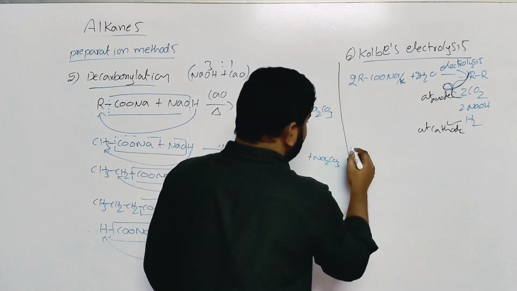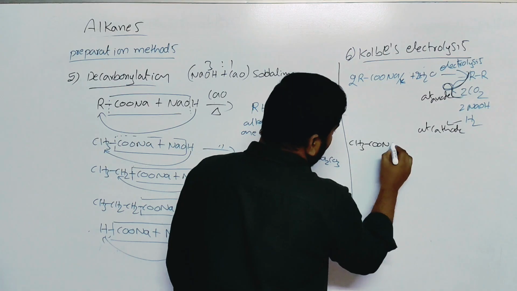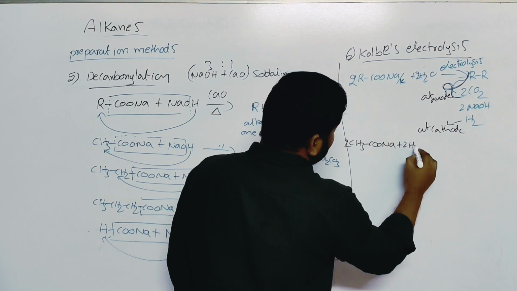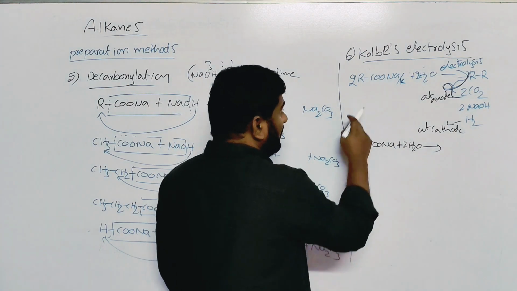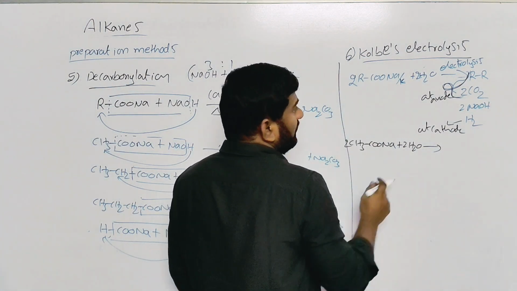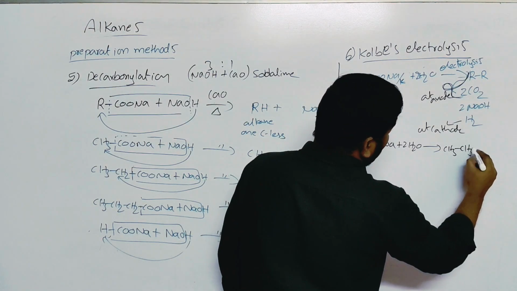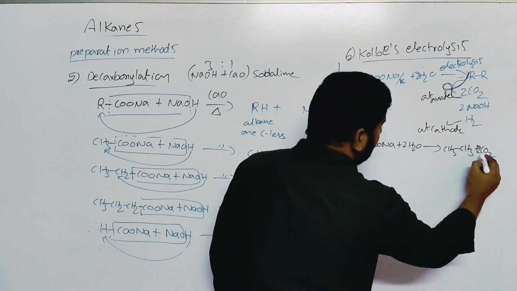If you see one example reaction, 2 moles of CH3COONa on electrolysis, what do you get here? Here R is CH3. R you got means here what you get is CH3-CH3 plus CO2.